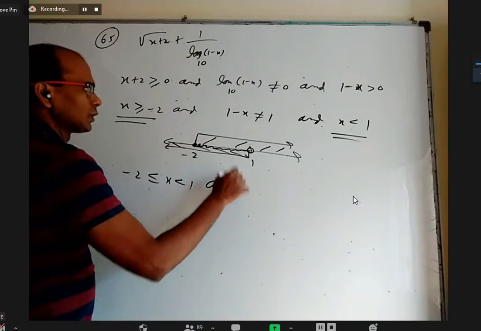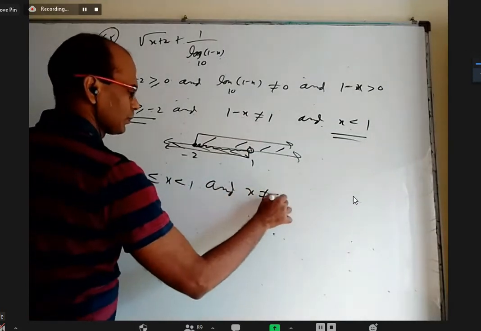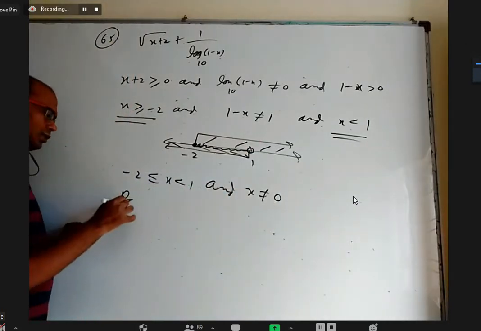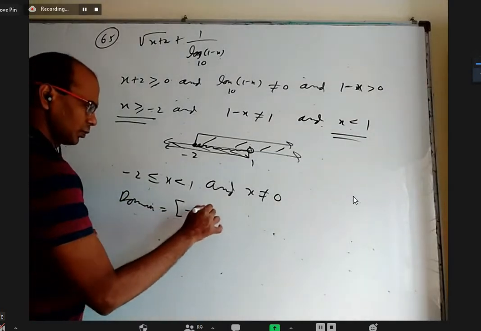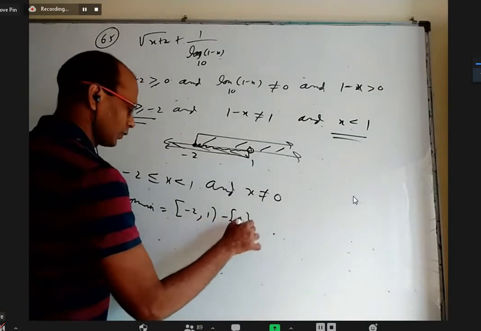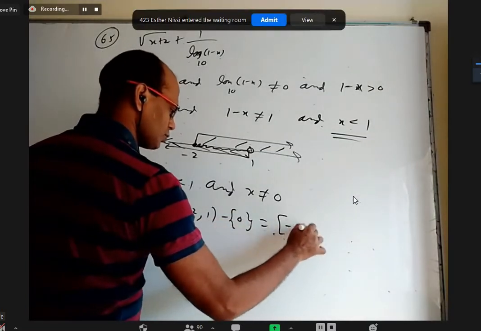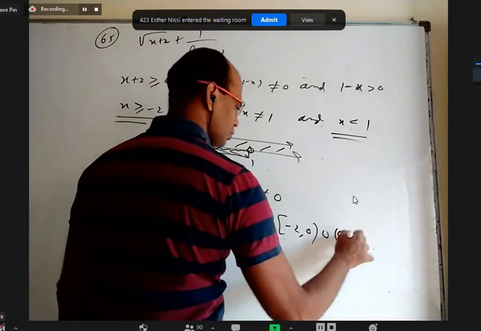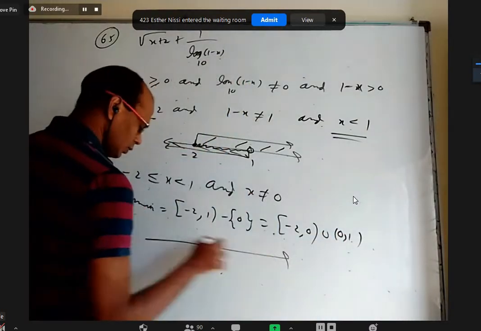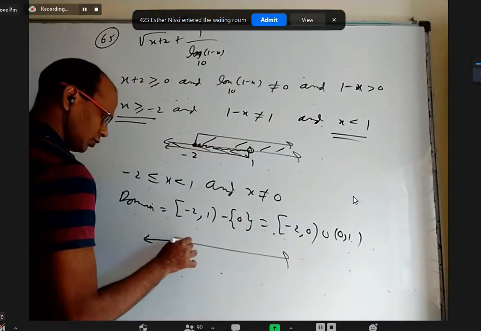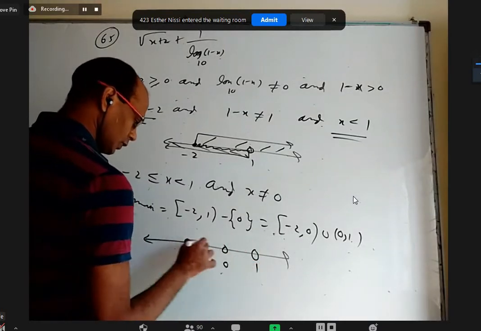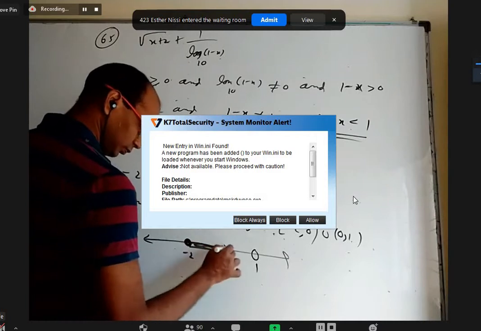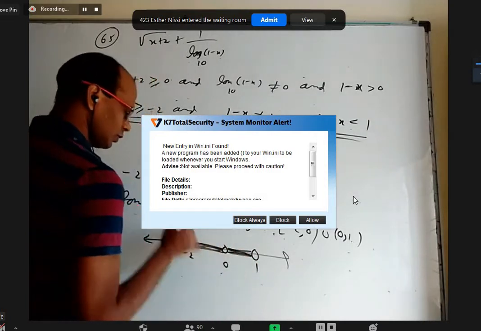And this one says x should not be 0. So the domain is the closed interval minus 2 to open 1, except 0. Or I can write minus 2 to 0 union 0 to 1. That is minus 2 closed, 0 open, 1 open. Everything between minus 2 to 0, everything between 0 to 1, including minus 2.